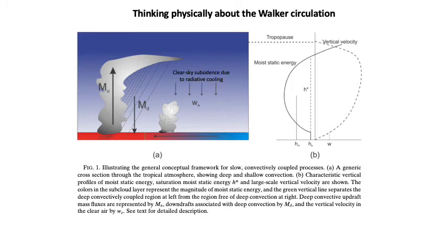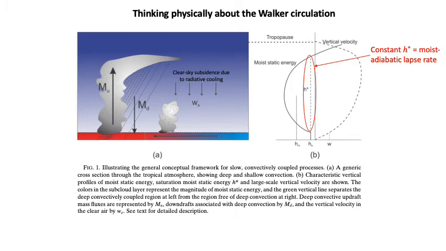Okay, so that's on the left, and on the right here are these profiles of moist static energy, which is the one I'm really going to focus on, and a couple of moist static energy variables there. The solid line shows the actual characteristic profile of moist static energy in the tropical atmosphere. You have a boundary layer at the bottom with constant moist static energy, and then it decreases as you move into the free troposphere, there's this minimum, and then it increases again thereafter.